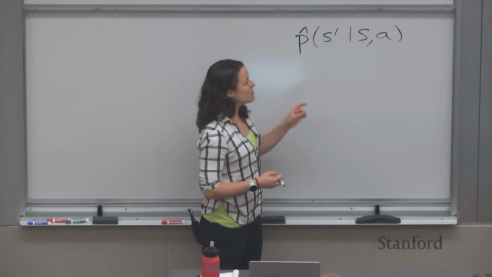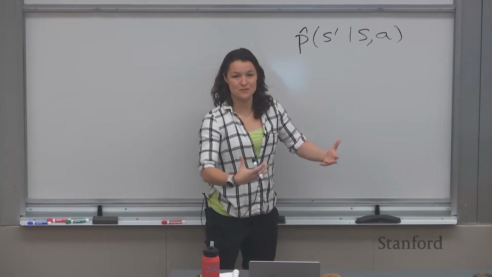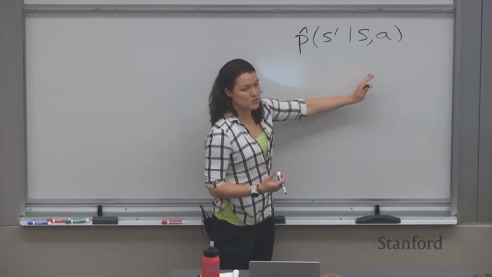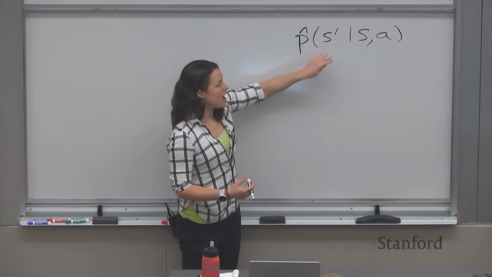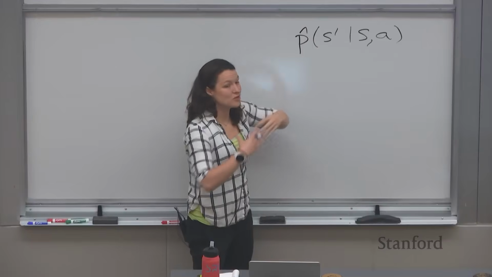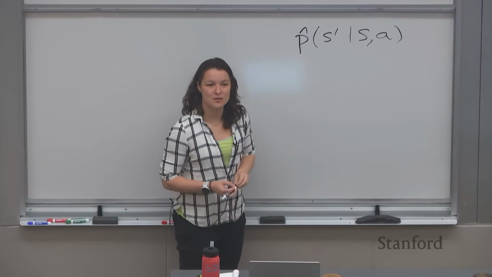And you can use this model to predict what will happen in the future. For example, if you have an action that you think you might take, or multiple actions you think you might take, you can use this estimated distribution to generate or imagine what might happen in the future if you were to take those actions.